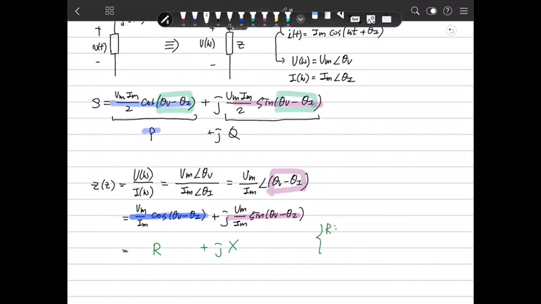Here R is an active power consuming device, so we call this resistance. And X is the reactance.